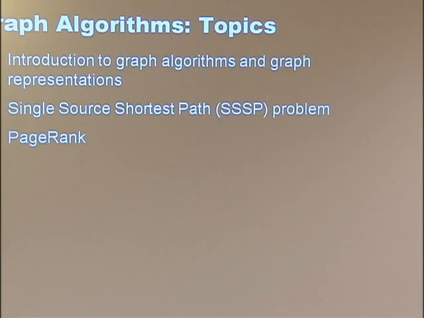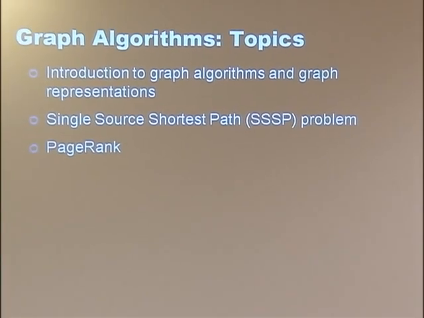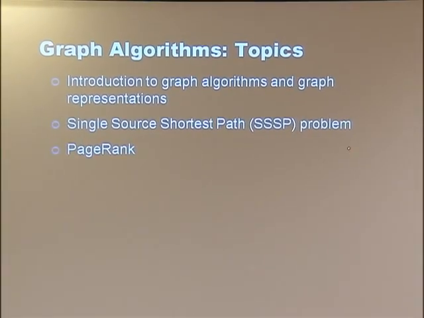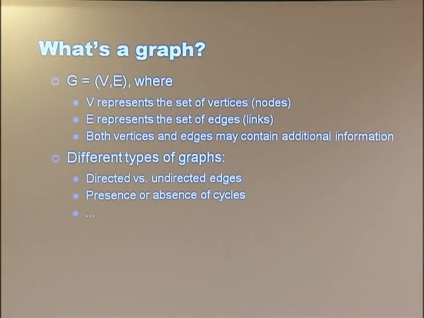I'm going to talk a little bit about graph representations, then a warm-up starter problem with the single source shortest path problem, and then PageRank. So what's a graph? A graph, standard definition, has vertices and edges. I'm going to use nodes and links and vertices and edges interchangeably. You know about directed graphs versus undirected graphs.